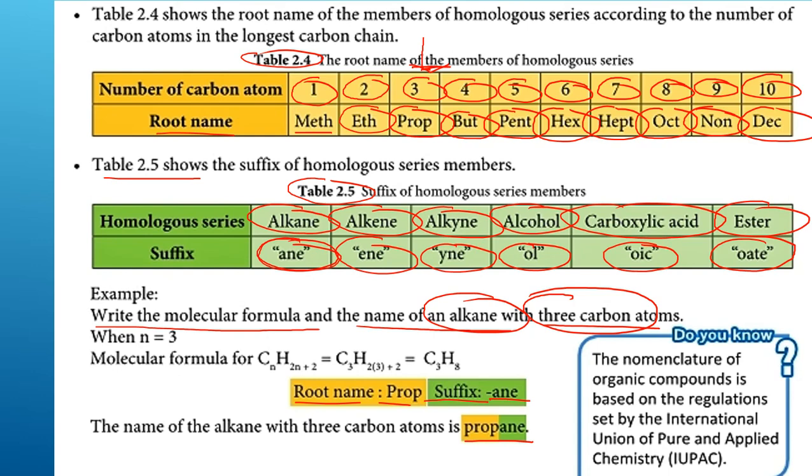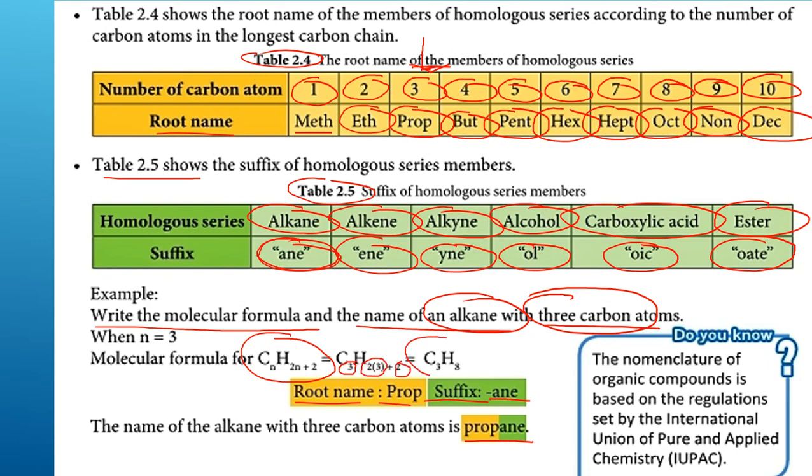Okay, so n dia adalah 3. n 3 di sini adalah refer to the number of carbon atom. So CnH2n plus 2, this is the general formula for alkane. n itu 3, iaitu carbon atom dia 3. So kita ganti n dengan 3. So 2 times 3 plus 2, 6 plus 2 become 8.